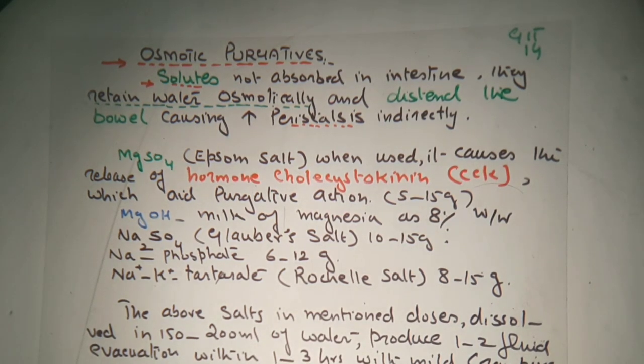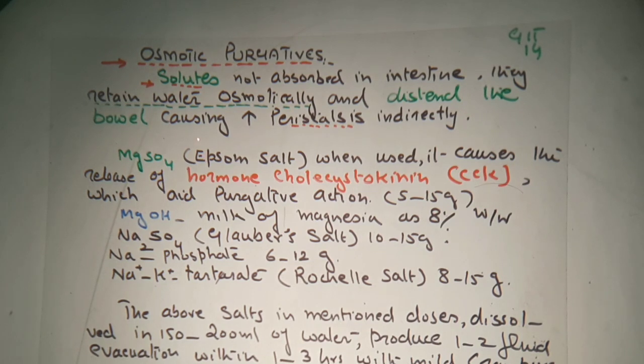So now coming to the osmotic purgatives. Osmotic purgatives means those which cause interference with the osmotic pressure or osmosis. Now the solute, what is the solute? I think the majority of you do not know about the solute.